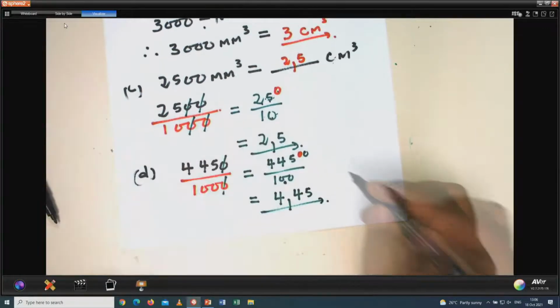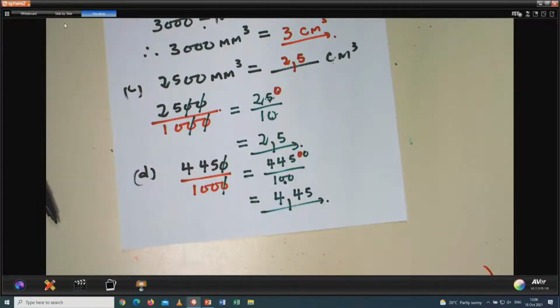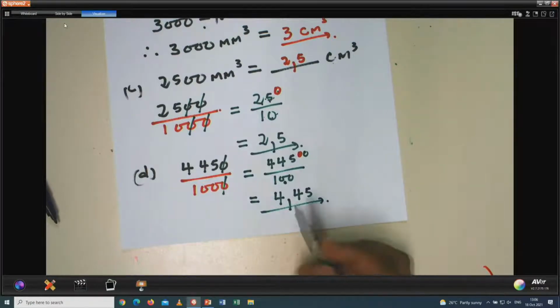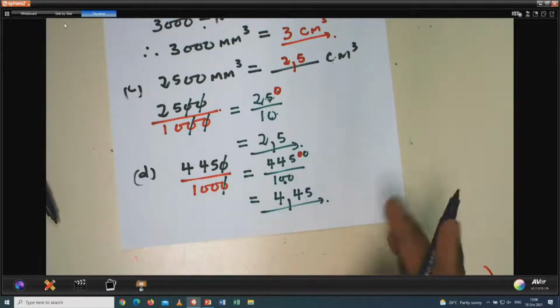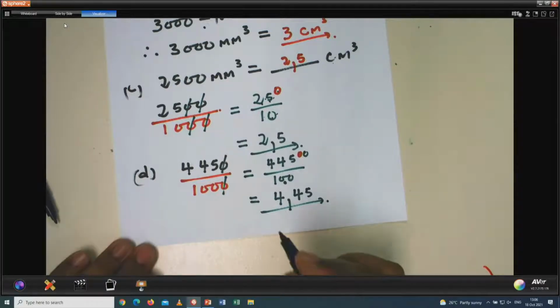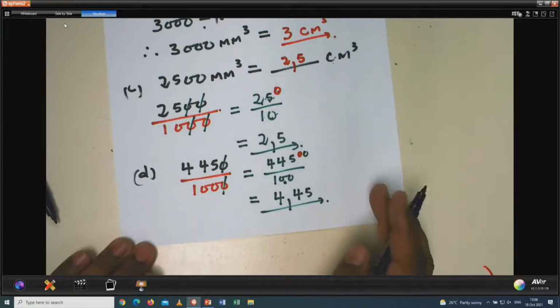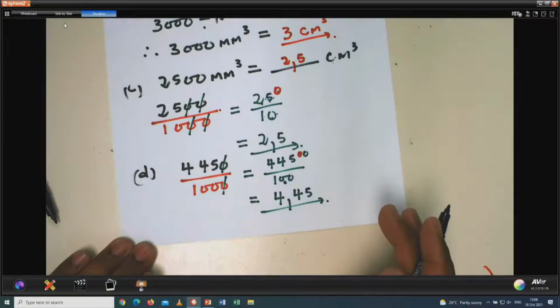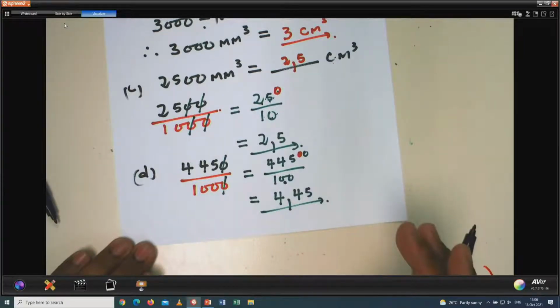And therefore I will have what? 4,45 and not 45, because after the comma those digits now are less than 10, and therefore we can safely say 4,450 cubic millimeters will be equal to 4,45 cubic centimeters.